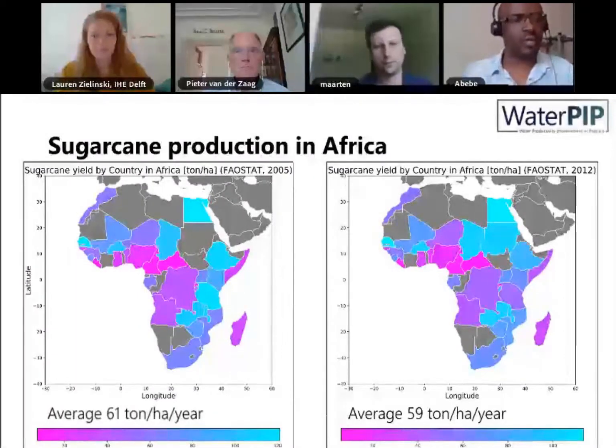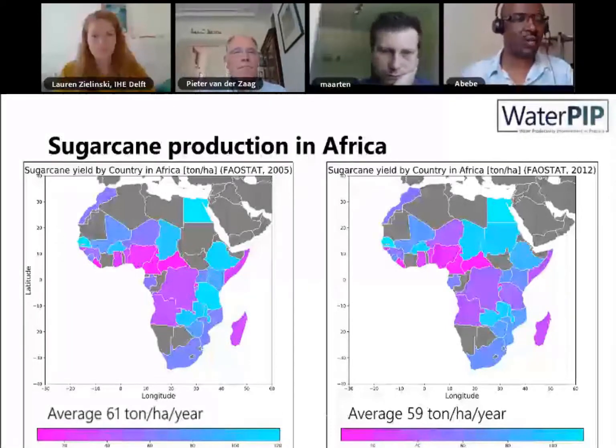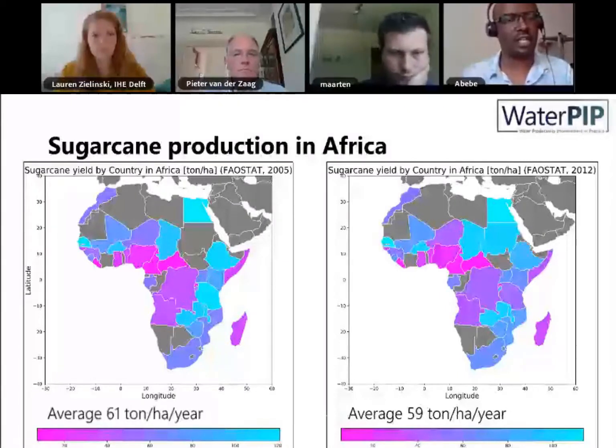However, the productivity, again comparing those two years, is almost stable, or even decreasing on average, from 61 ton per hectare per year to about 59 ton per hectare per year. So, answering our first question, most of the production increase in Africa is coming from land expansion. It's not really from improving productivity.